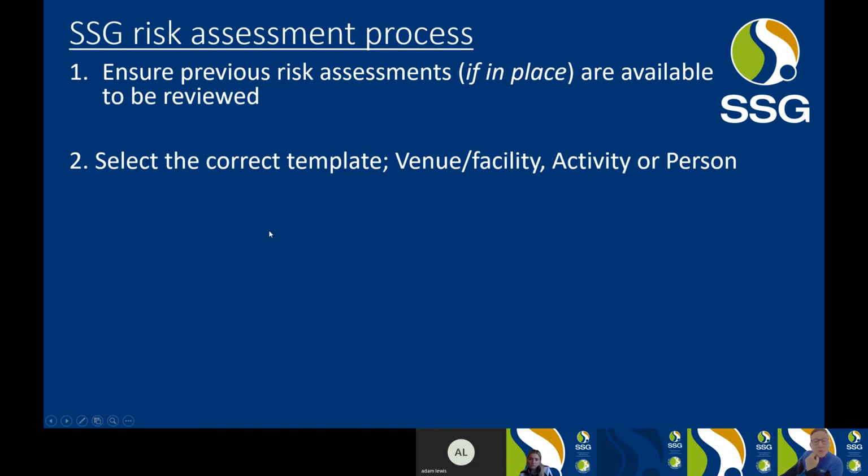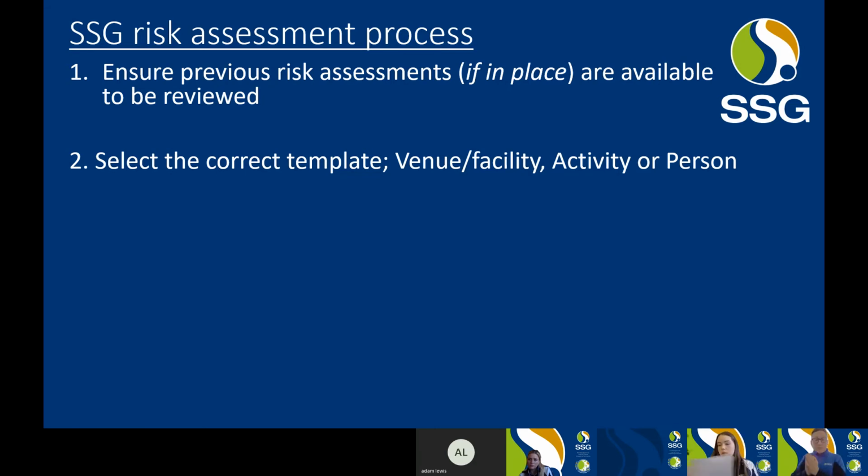Next one, select the correct template. We have set structured templates that help guide people through specific facilities and venues, maybe a specific activity, or even a person of interest. So yes, we'll do risk assessments on an activity as a hazard, but if you're working within training, for example, we may do a risk assessment against a person participating because they're returning with a specific illness, or they may have a criminal conviction, and we'll do a risk assessment on them.